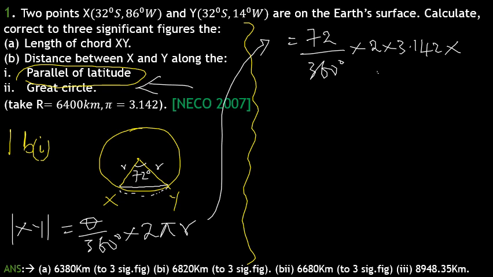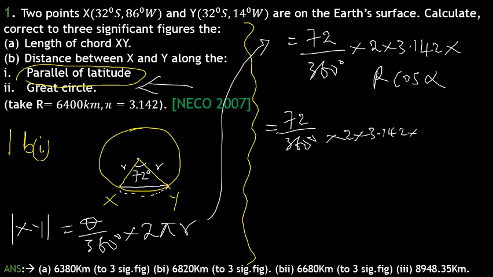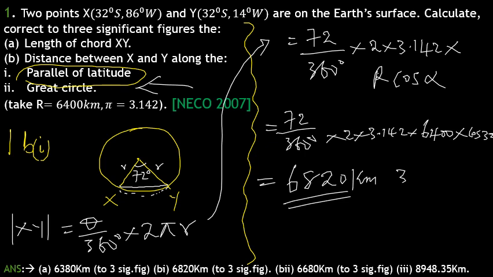Remember, small r is capital R cos alpha, and of course that will now be 72 over 360 degrees times 2 times 3.142 times 6400 times cos 32 degrees. Now if you punch this, you are supposed to get 6820 kilometers, and that's the answer. That's to three significant figures.